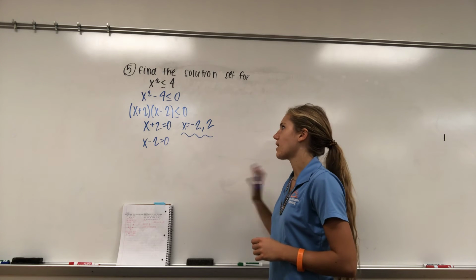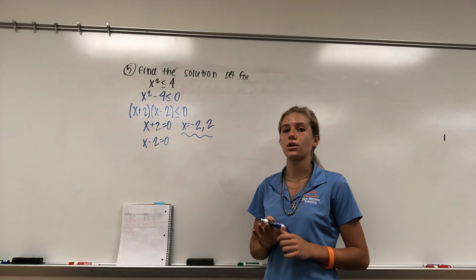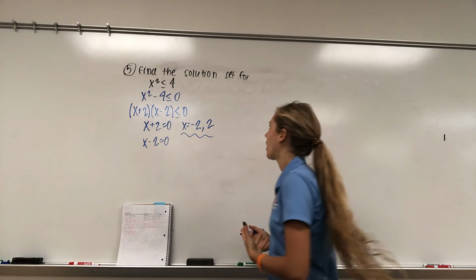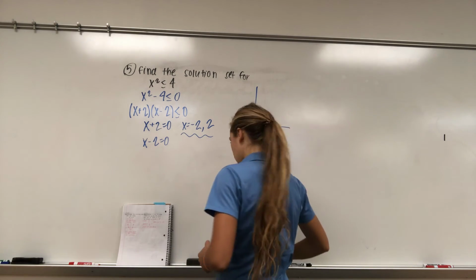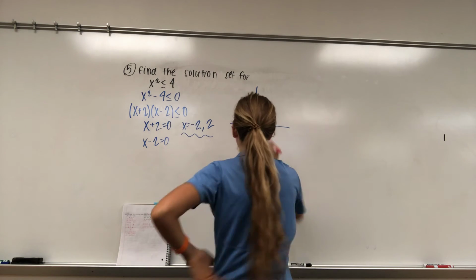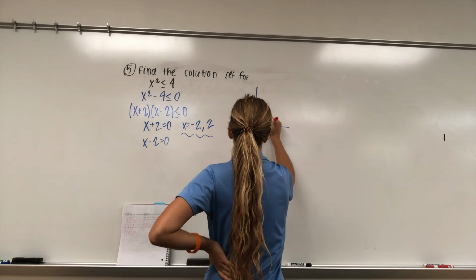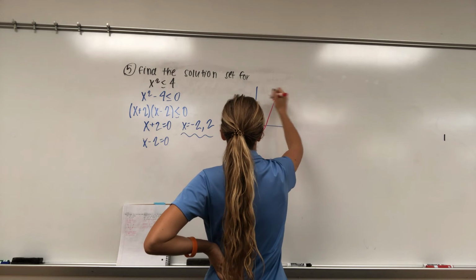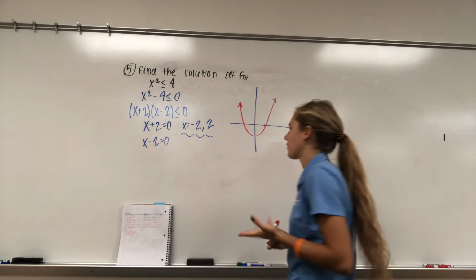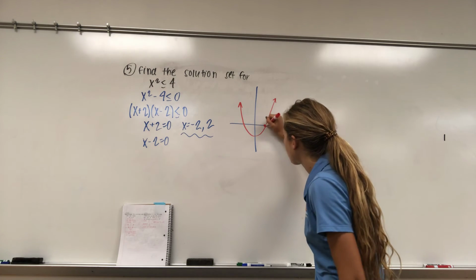So what that means in the context of this problem is those are going to be our actual roots for our graph. So I'm going to go ahead and sketch that out. Again, this is obviously just a rough sketch, but that's going to be our graph.